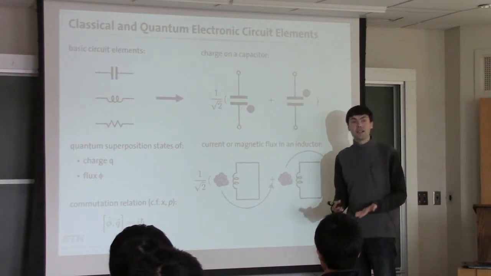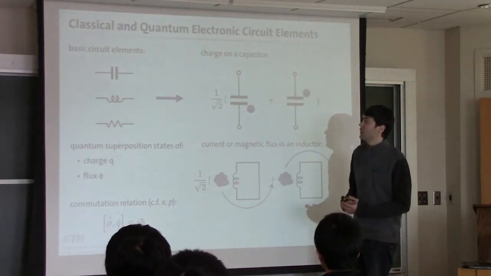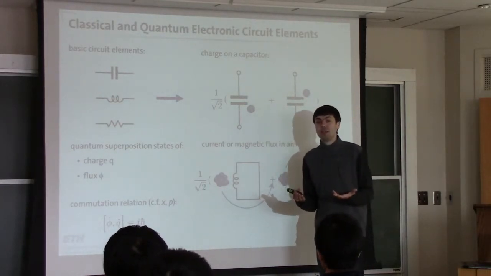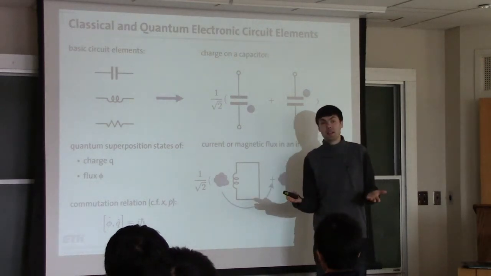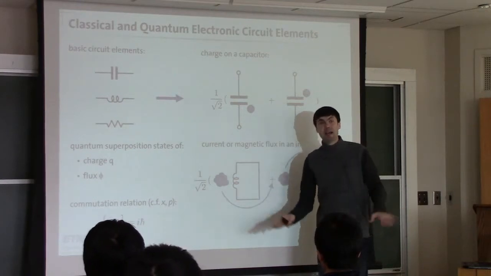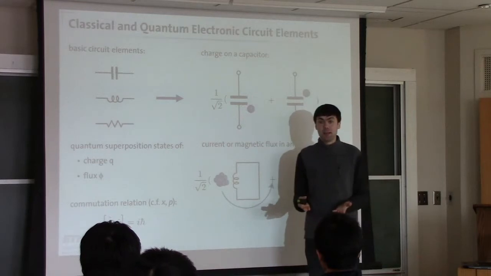And we already discussed in this course how you achieve that, and I will show you what that means for superconducting circuits. But at this point, you should have some intuition that you can start with a semiconductor device, a metallic device, and if you cool it down and isolate it well enough, it will start behaving quantum mechanically.